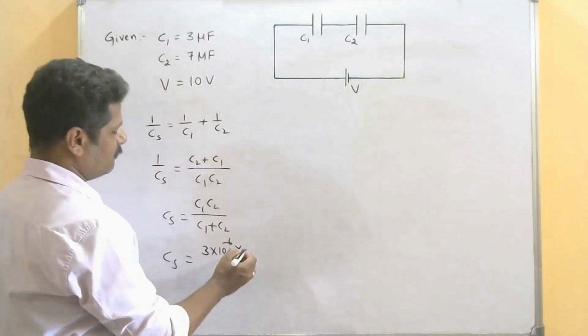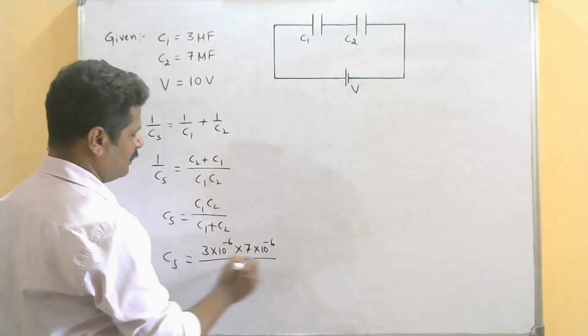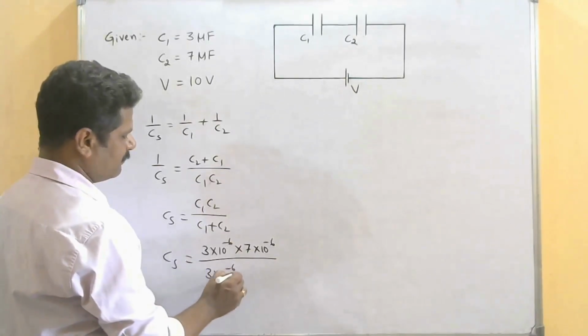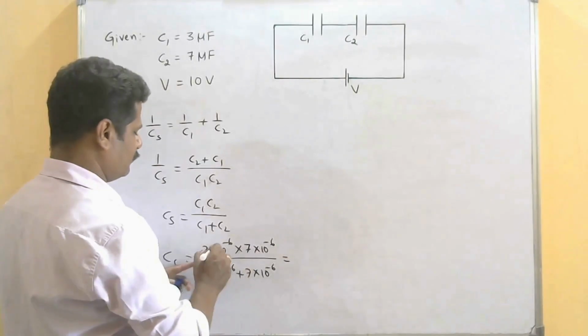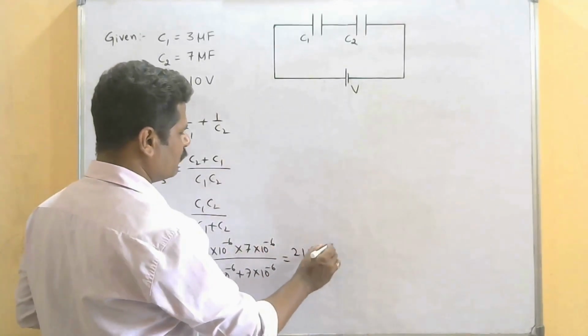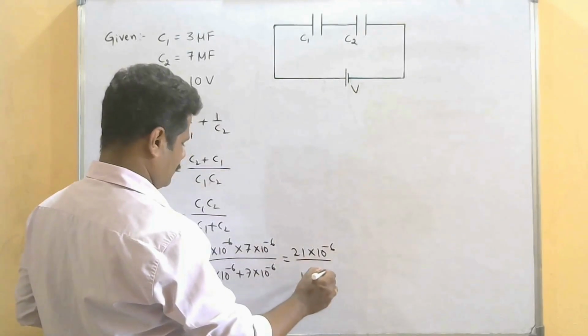Now, you substitute the values, that is CS equals C1, here 3 microfarad, times C2, 7 microfarad, divided by C1 plus C2, that is 3 microfarad plus 7 microfarad. This is equal to 21 times 10 raised to minus 6 divided by 10 times 10 to the power of minus 6.